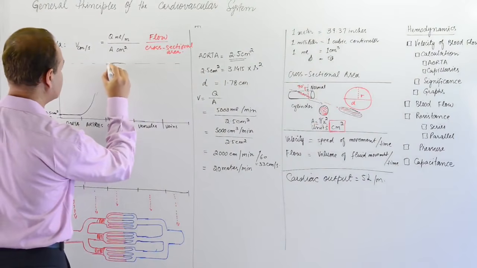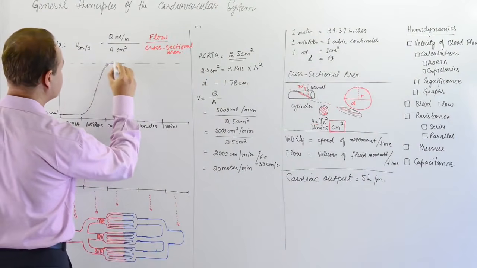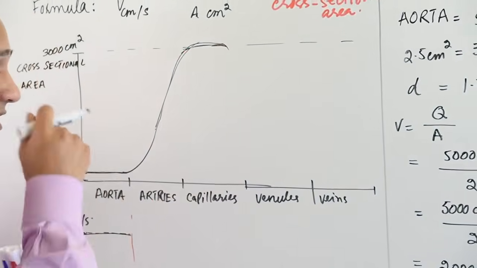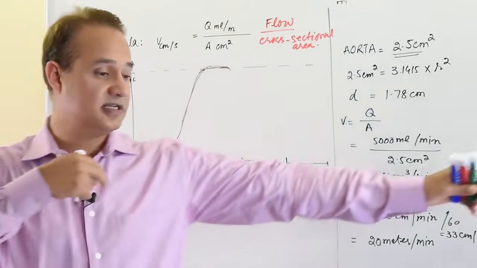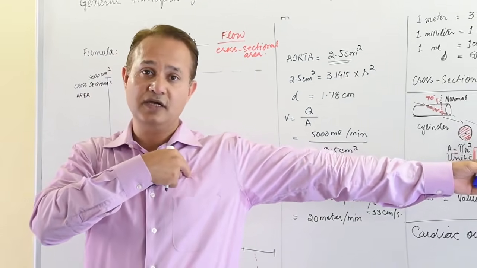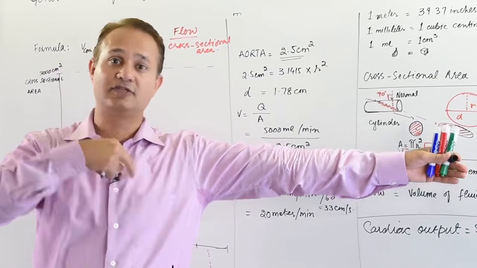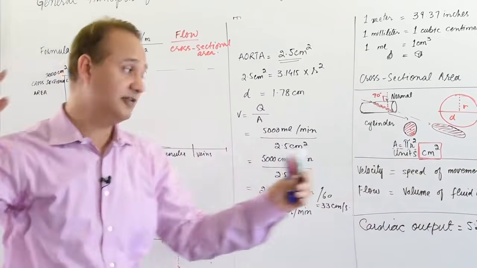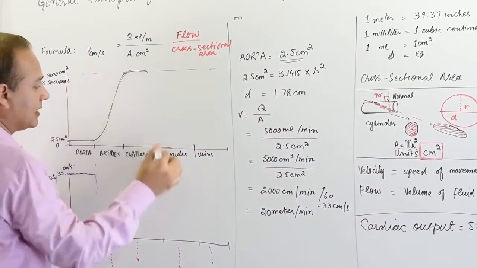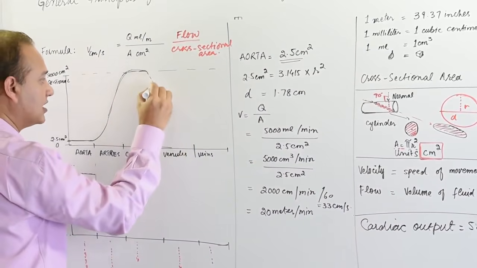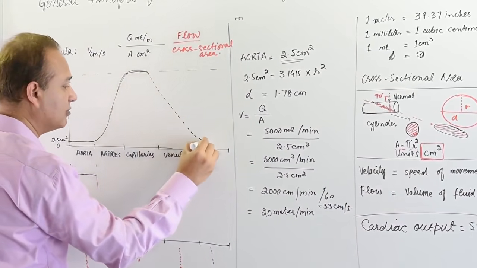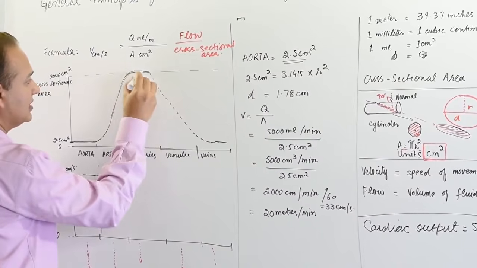It is about 3000 centimeters square cross-sectional area, not diameter or radius. If you put all the capillaries together, this is how big a blood vessel they would form. Then the capillaries come together, start merging, and finally become veins. So that is the kind of structure.